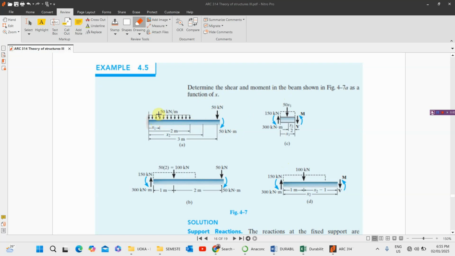Now, how do we go about it? Let's make a cut or a segment here. Let's call this segment at this particular point x1, and then see what we are going to have here.